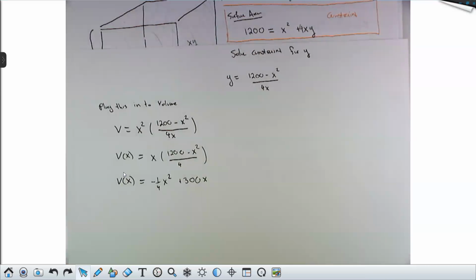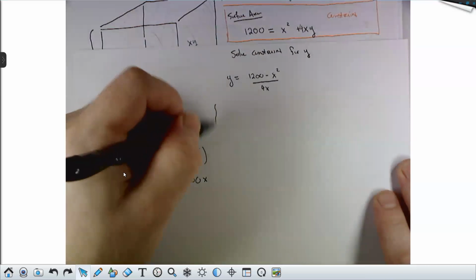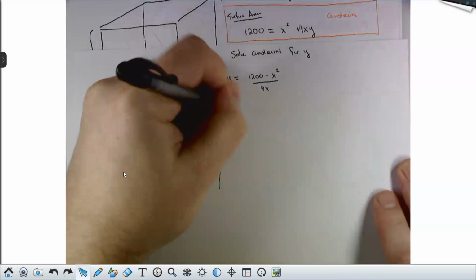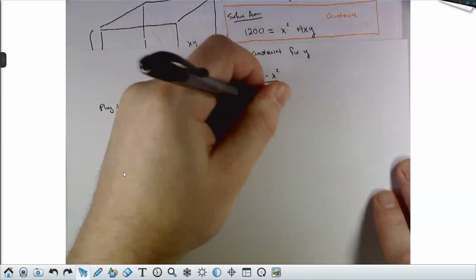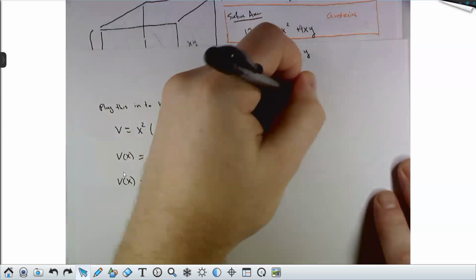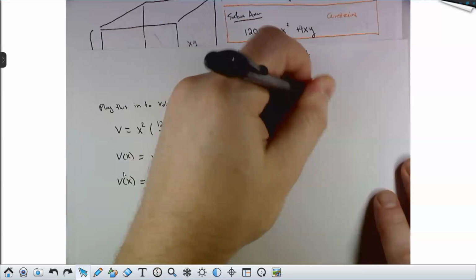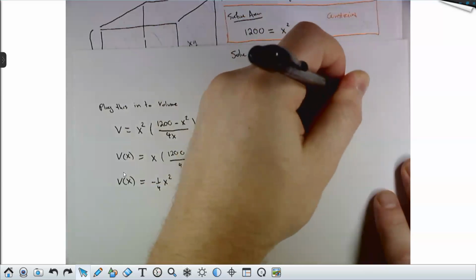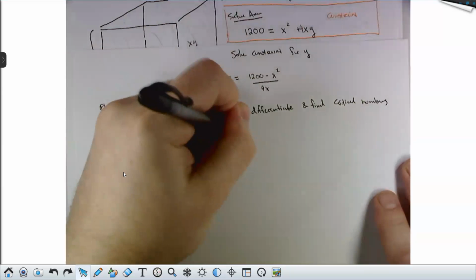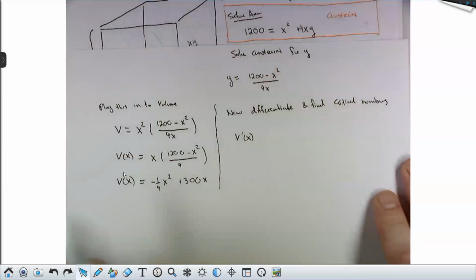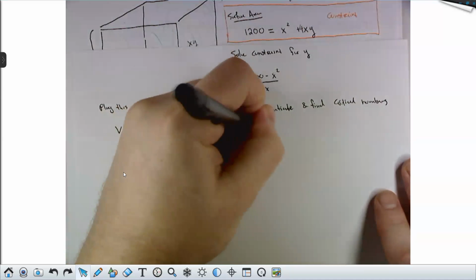Yes. All right. Now we'll differentiate and find critical numbers. So V prime, the derivative of my volume equation here, will be negative 3/4 x squared plus 300.